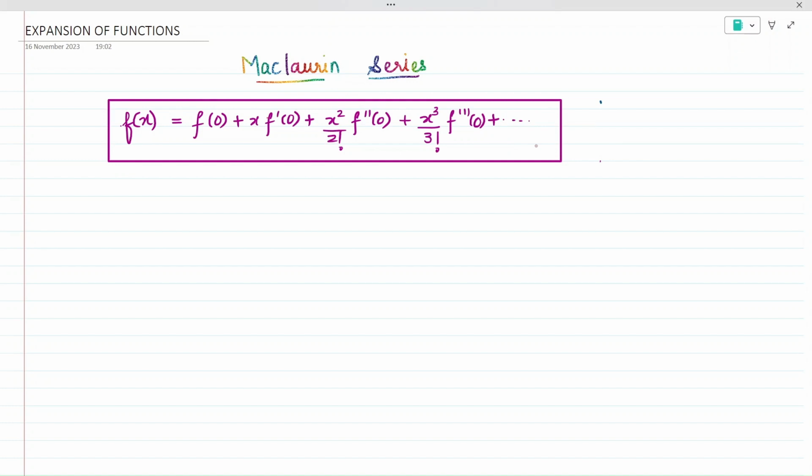Now, how to expand a given function using Maclaurin series? We'll understand this with the help of some examples. And then we'll derive some standard formulae. Also, we'll be solving some questions based on these standard formulae. Okay, so let's start with some examples.